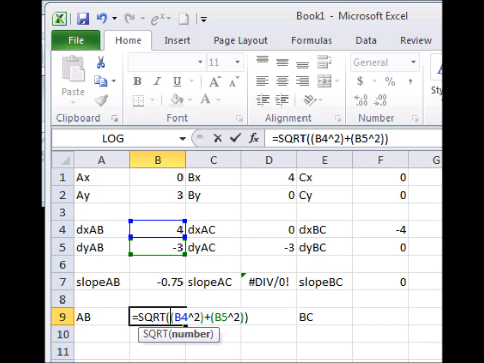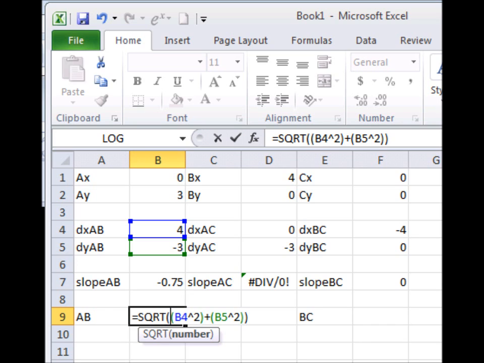So you're going to enter equals SQRT, left parenthesis, B4 caret 2, right parenthesis, plus left parenthesis, B5 caret 2, right parenthesis.